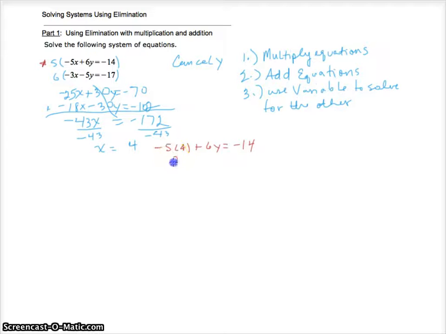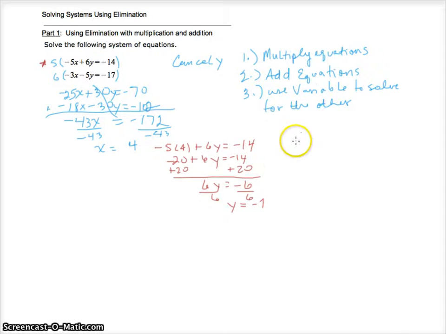That gives me negative 20 plus 6y equals negative 14. I'm going to add 20 to both sides. So 6y equals 6. Divide by 6, and that means that y equals 1.